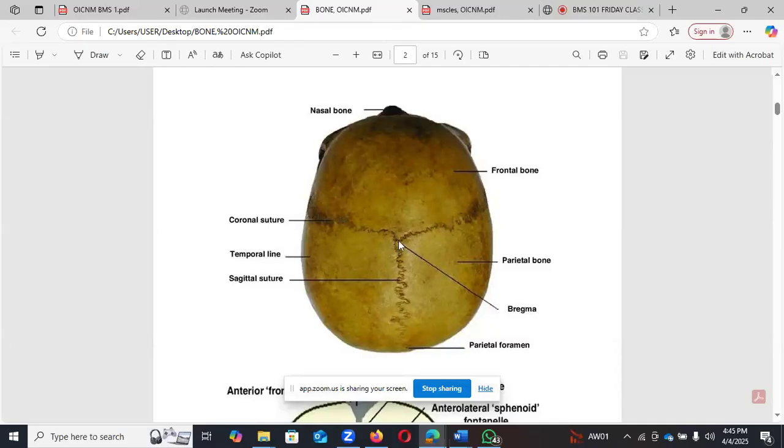The point here where it makes an angle is the bregma. Then you have the parietal foramen. I told you last week that foramen means hole. So you have a hole here, which is the parietal foramen.